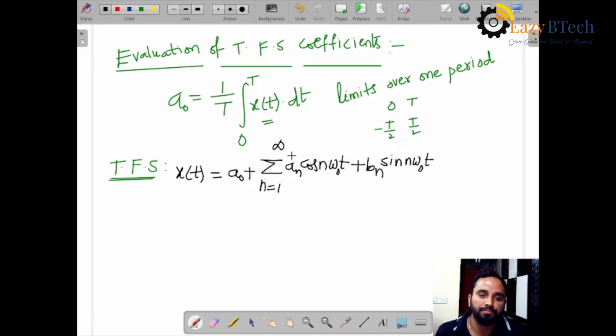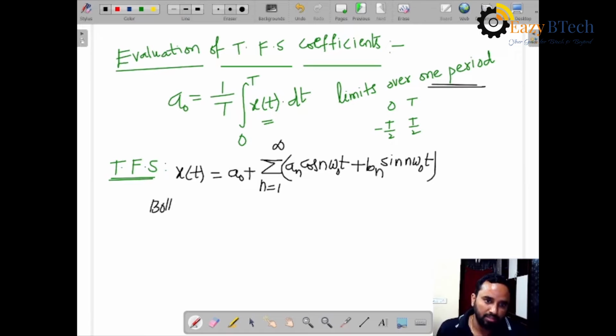This is the bracket. Now to get the formula for a naught, on both sides of x of t, we do integration over one time period. We can get the a naught formula. Just integrate both sides with respect to t.